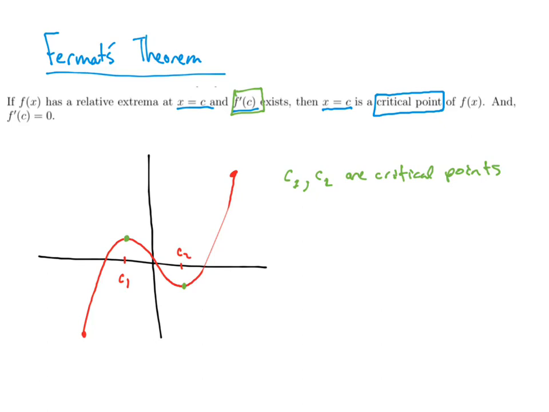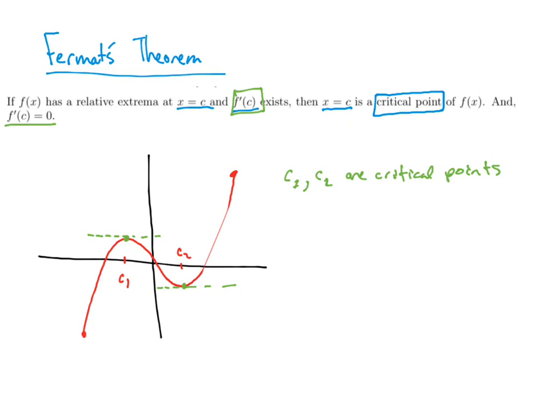And secondly, f prime at c, or the derivative at c, is equal to 0. And this makes sense because we have a horizontal tangent line at each of these values. So the moral of the story here is that Fermat's theorem tells us that if we have a relative extrema, the derivative at that point is going to be equal to 0.